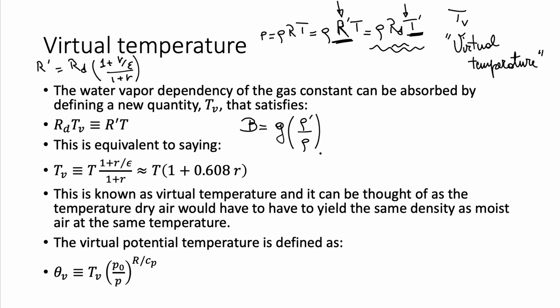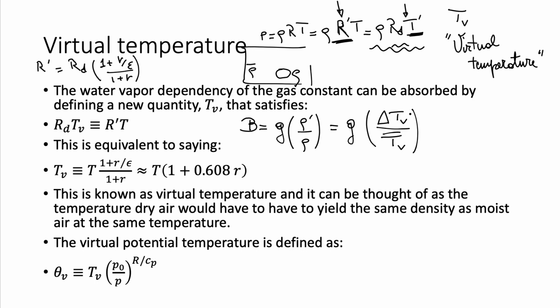Well, it turns out that if you imagine a parcel of air of density rho in an environment of density rho bar, the Archimedean buoyancy of this parcel can also be written in terms of virtual temperature: differences in virtual temperature between the parcel and the environment divided by the virtual temperature of the environment, which I'm going to denote with a bar.